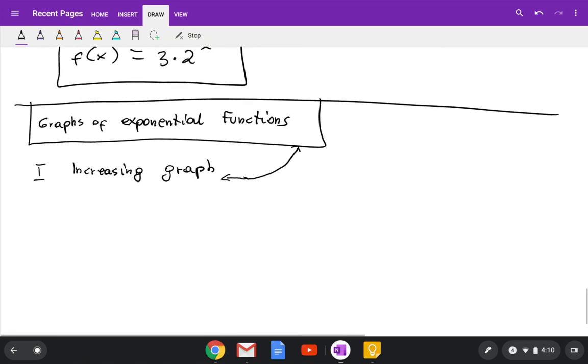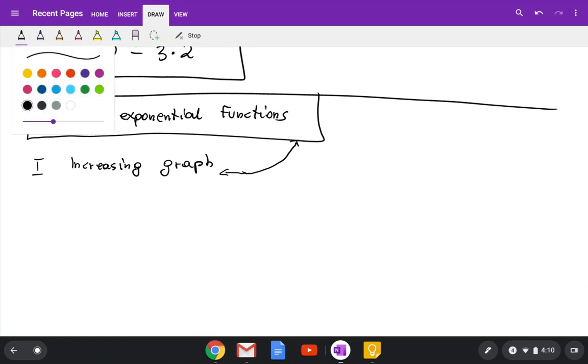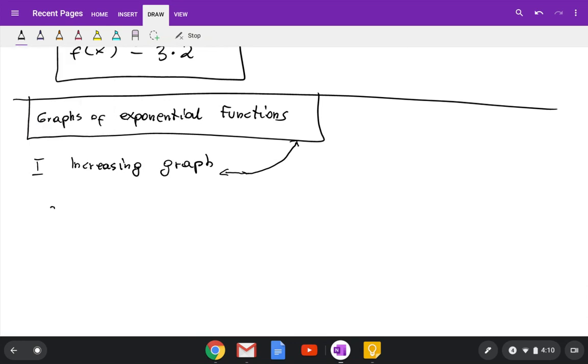Exponentially increase. Okay, so f of x equals c times a to the power of x. And I'm going to talk about the increasing graph first. How are you going to know that your graph is going to be increasing? The base, the exponential factor, is going to be greater than 1.